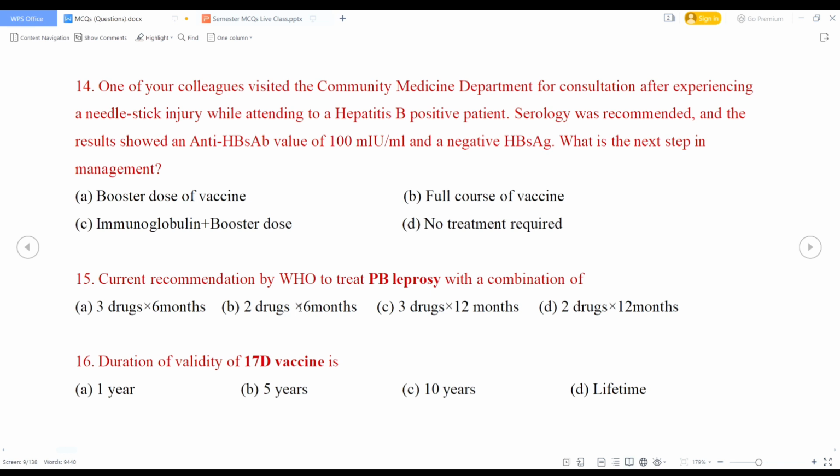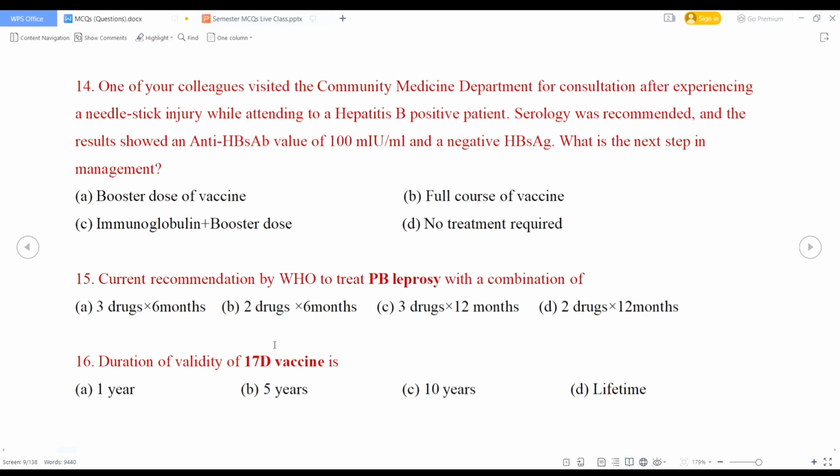Only there is difference in the duration of treatment. So 6 months for paucibacillary and 12 months for multibacillary leprosy. So the right answer is option A, 3 drugs for 6 months. Next question.